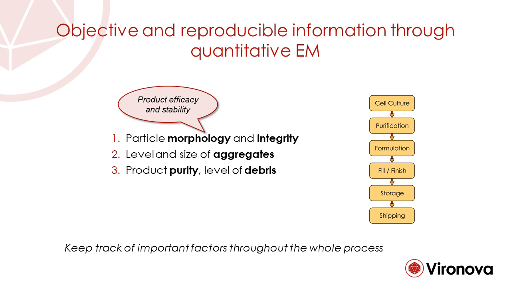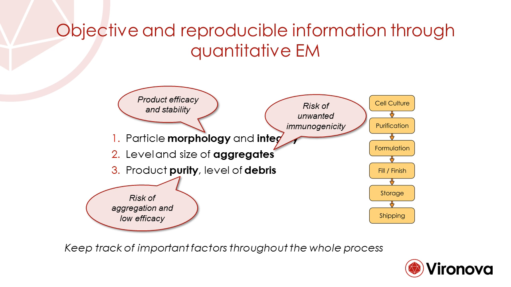This can affect the product efficacy and also give us insight into the stability of the product. The level and size of aggregates, of course, as that might give us unwanted immunogenicity, and also the level of debris, the purity of your sample, as that could be a nucleation site for aggregation.